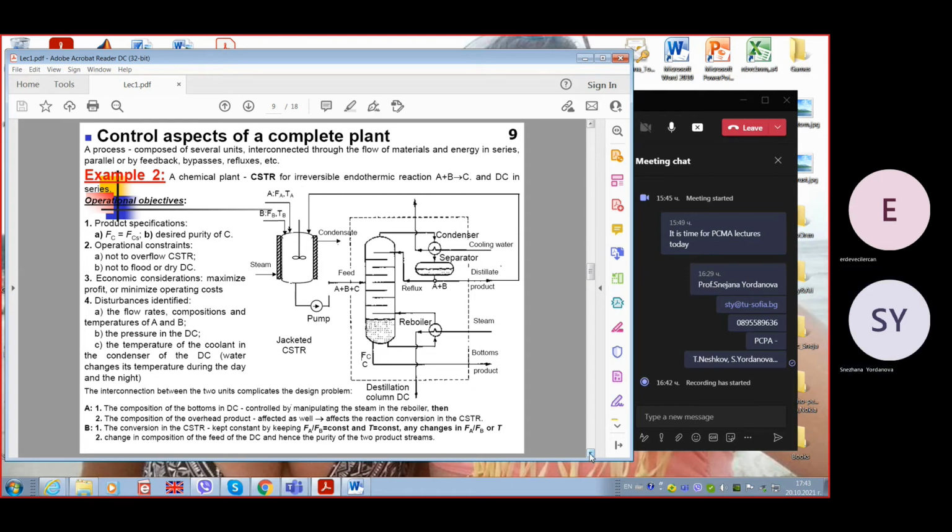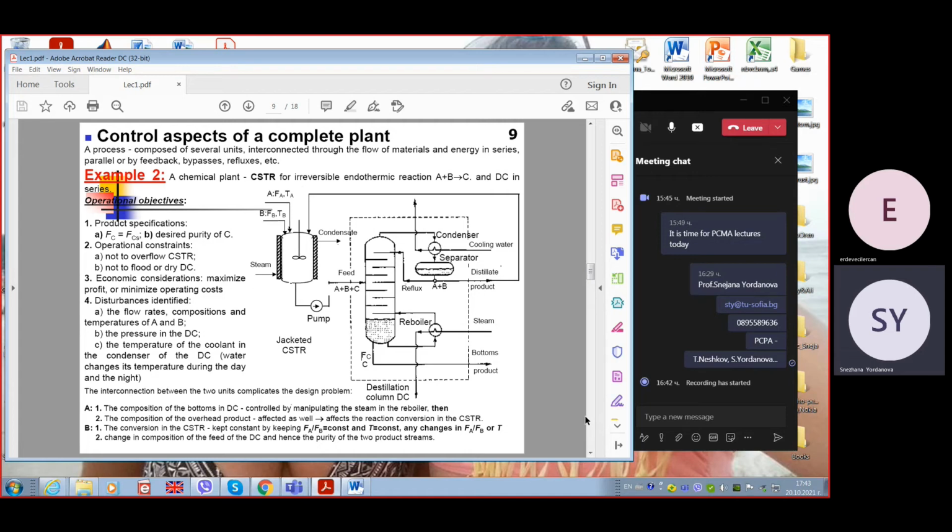So this is how you as a control engineer have to decide which are the objectives and how to reach them, how to set new restrictions on previous installations, and so on.